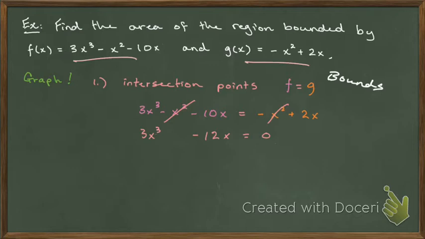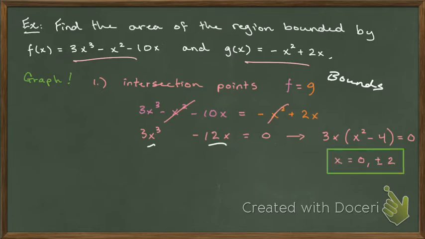I see a 3x in common between both 3x cubed and minus 12x, so I pull a 3x out. I have an x squared minus 4 left over, and that leaves me with 3 intersection points when x is 0 and plus or minus 2.